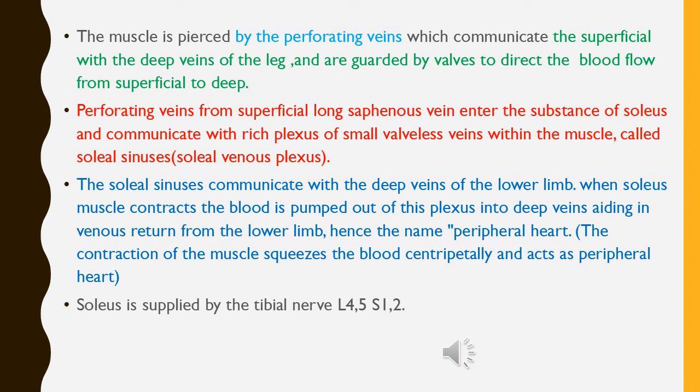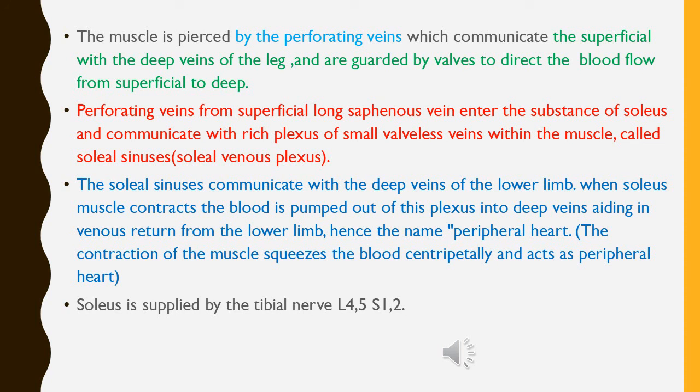So the superficial and deep veins in the leg are connected by means of perforators, and these perforators have valves. The perforators connect the great saphenous vein and enter the substance of soleus, and the soleus contains a rich plexus of small valvular veins known as soleal sinuses, and the soleal sinuses communicate with the deep veins of the lower limb.